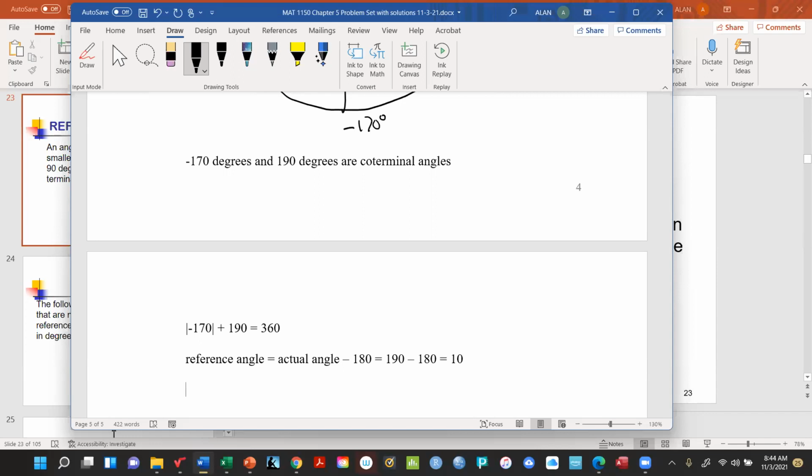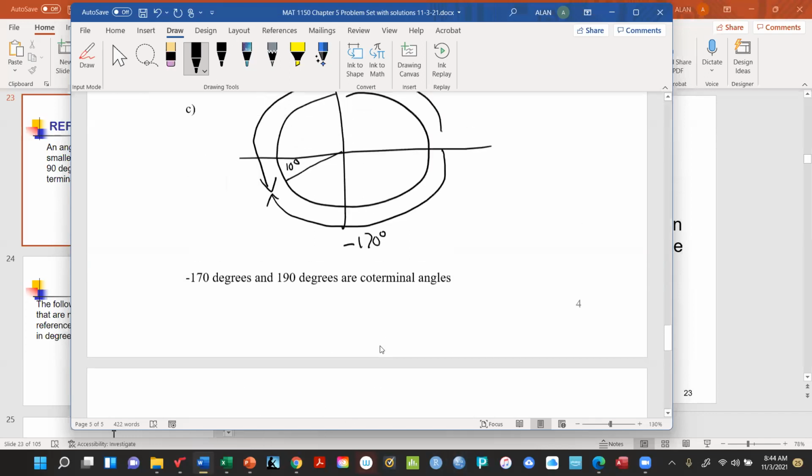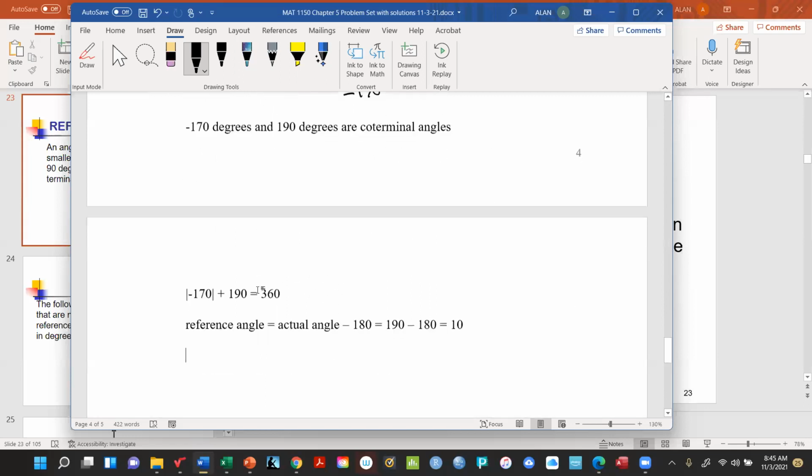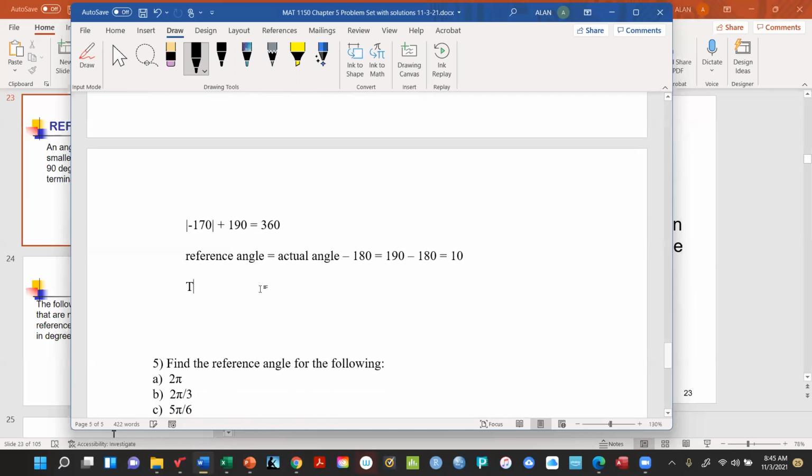But you can see it in two different ways. First, by using the rule based on the positive angle of 190, but secondly, just looking at the picture. Remember, we're looking for the angle with respect to the horizontal axis, and that would be the 10. Okay, so this 10 degrees is the angle with respect to the horizontal axis.